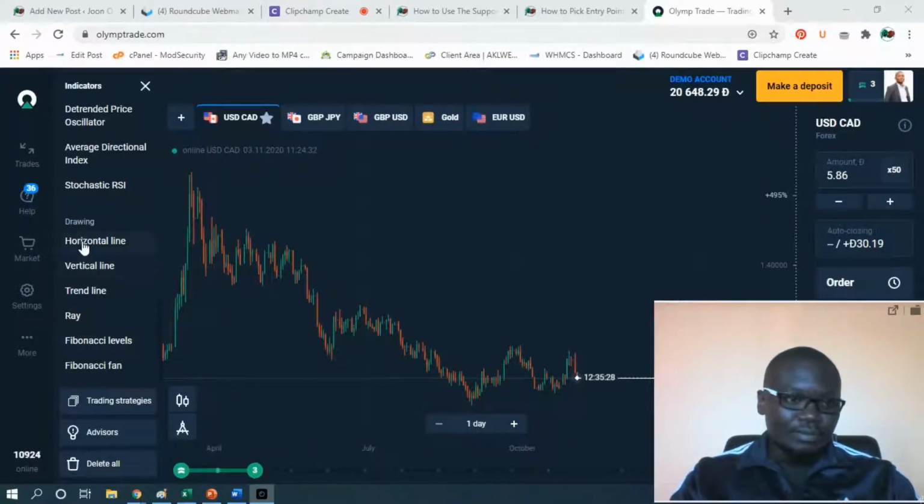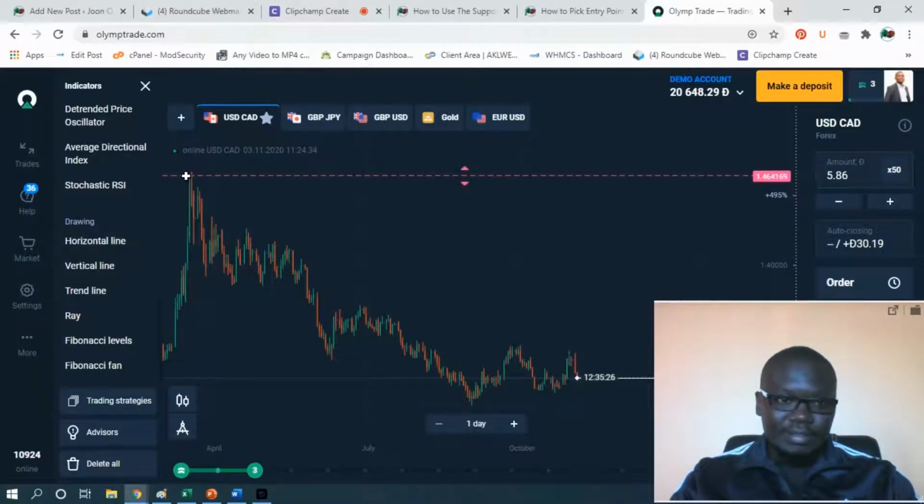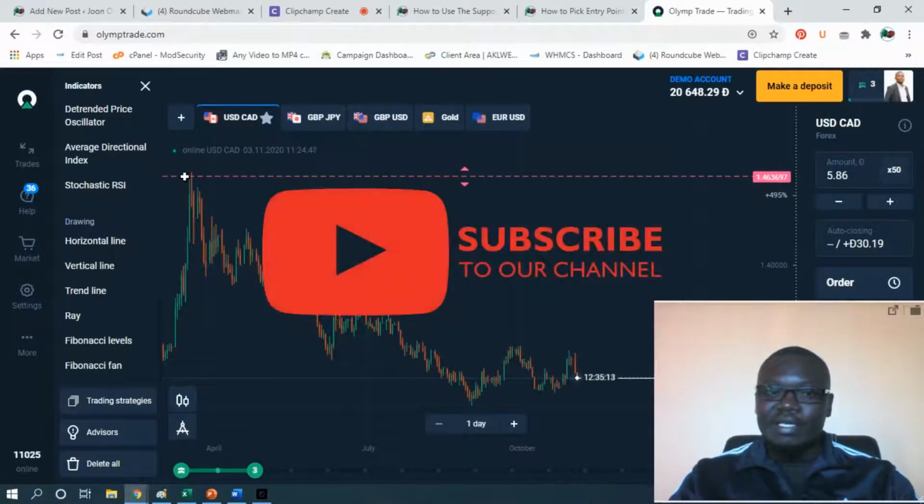So pick the horizontal line, and when you're drawing support and resistance levels, you want to make sure that your level, be it the support or the resistance level, touches as many points on the chart as it can.